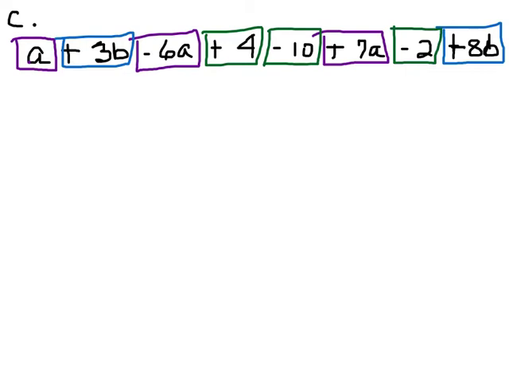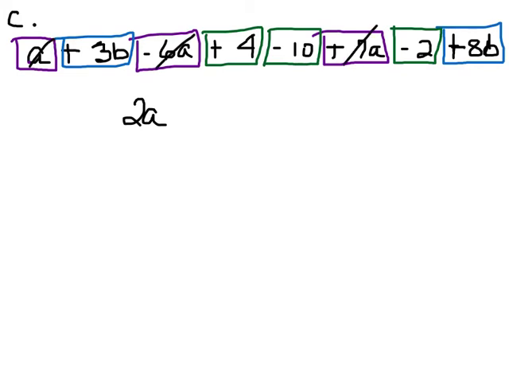Let's add all of the A terms. They're all in purple. So 1A minus 6A is negative 5a plus 7a is positive 2a. So I'm done with those a's.